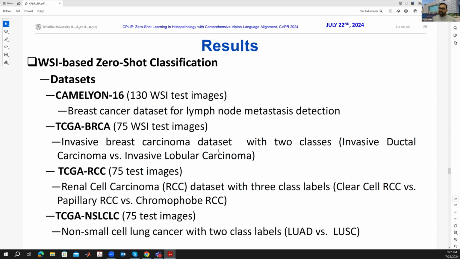The TCGA BRCA data set is an invasive breast carcinoma data set with a two-class label, invasive ductal carcinoma versus invasive lobular carcinoma. TCGA RCC is a kidney data set containing 3 different class labels, and TCGA NSCLC is a non-small cell lung cancer data set with 2 classes, lung adenocarcinoma and lung squamous cell carcinoma.